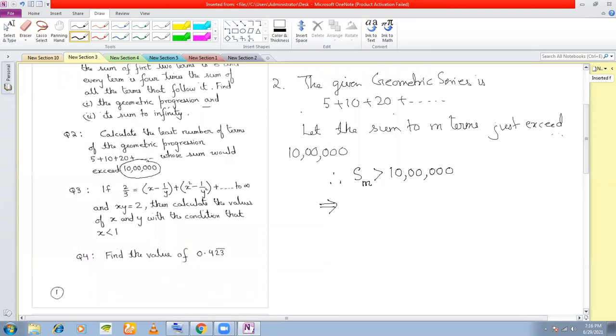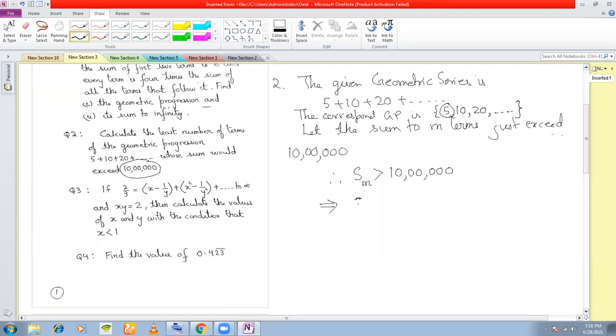First term of the GP, right? You can write the corresponding GP also to understand: 5, 10, 20, and so on. So here, what is your first term? 5.